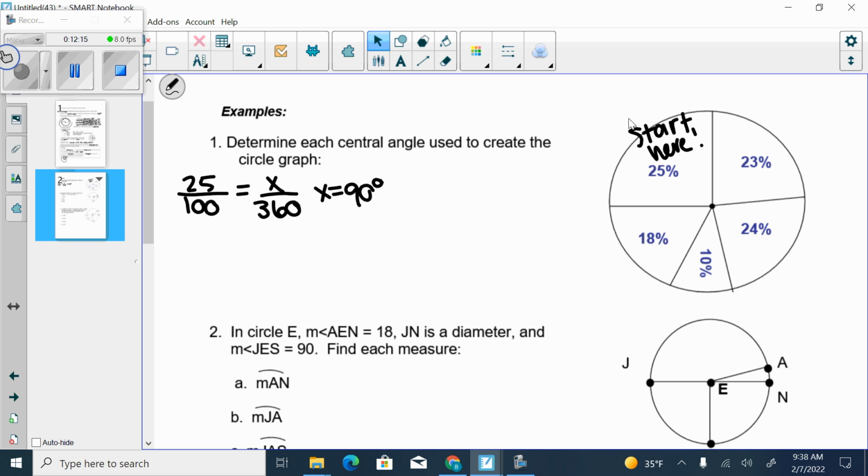Okay, let's go clockwise from here. So 23, again, is 23 out of 100%, and we want to know how much that is out of 360. So we cross multiply and solve. What do we get here?